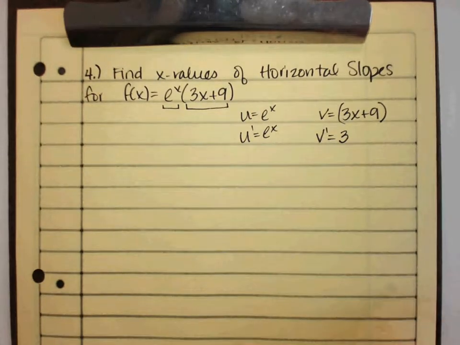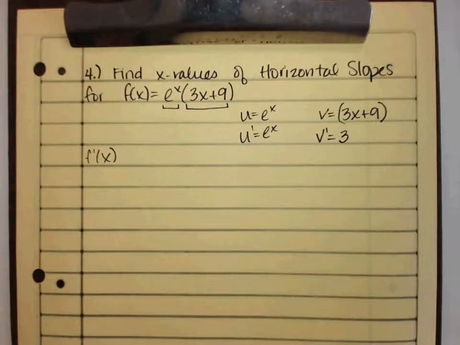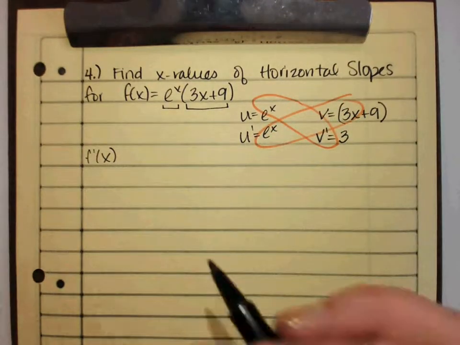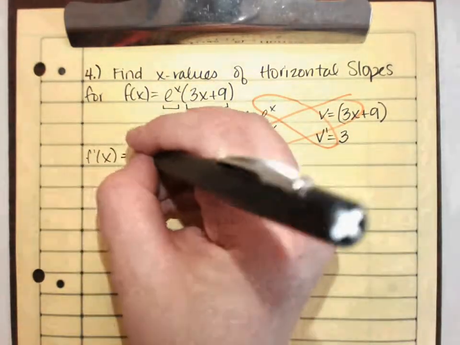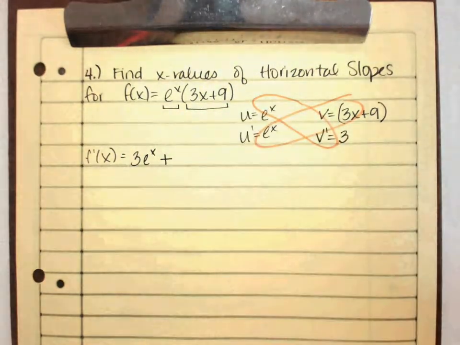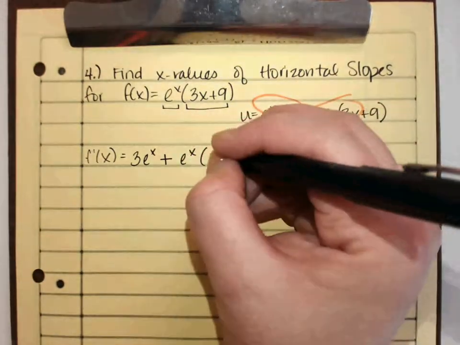So here's my derivative, f prime of x equals. I'm going to do this diagonal first. I'm going to do this diagonal second. E to the x times 3 is 3e to the x. And then I have plus, then I do e to the x times 3x plus 9.